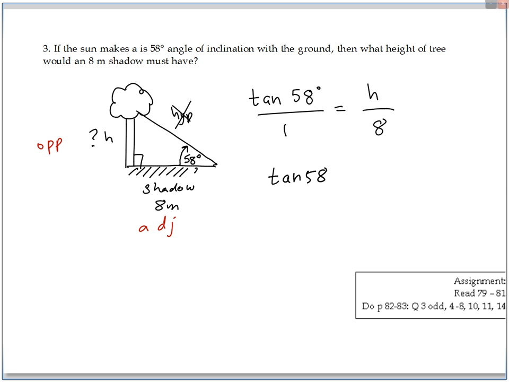Tan 58 times 8 all over 1 is equal to h. .8 meters equals h.